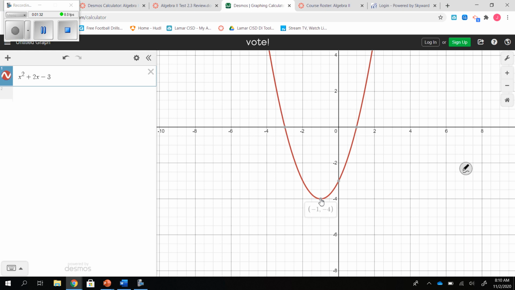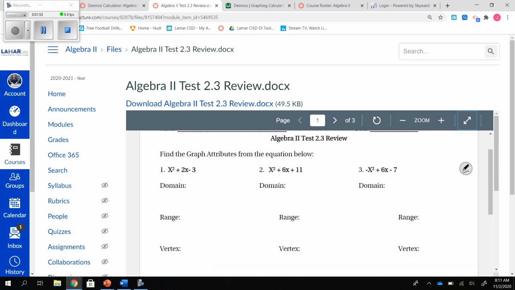But the lowest possible y value is -4. So we know the lowest possible range is -4, and it goes up because they're arrows. It goes all the way up to infinity. So the range is -4 hard bracket all the way up to infinity, and infinity is soft bracket.